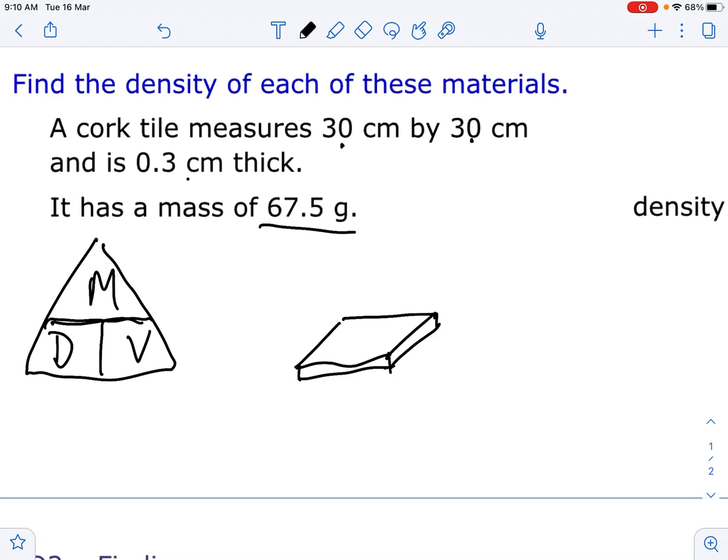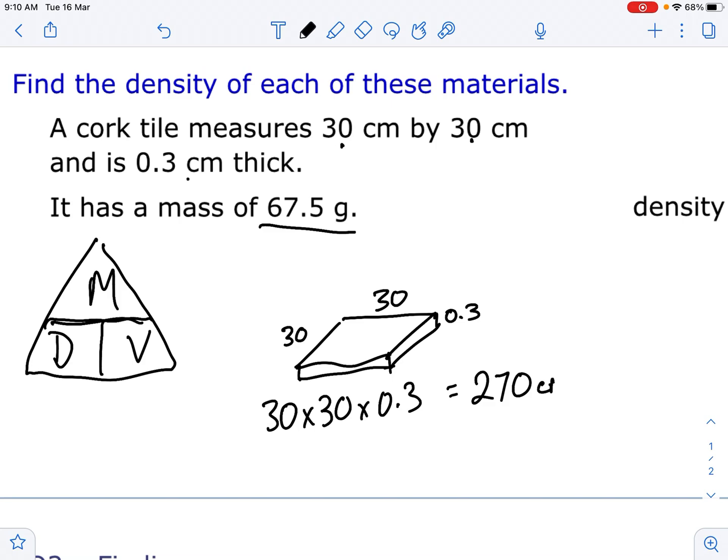We've got measurements of 30, 30 and 0.3. This is a cuboid, so we're just going to multiply those. So 30 times 30 times 0.3 gives 270 centimetres cubed. So that is the volume of the tile.